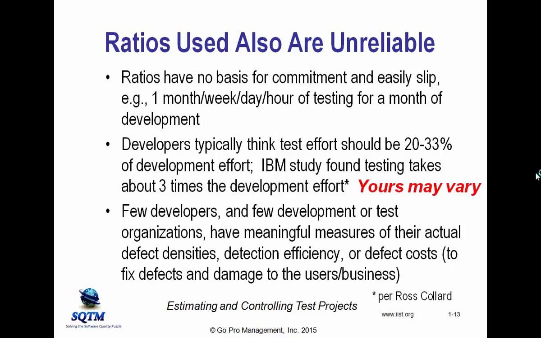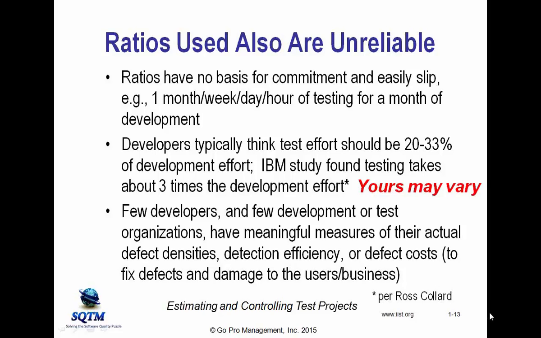So if you are basing your test estimate upon an estimate of development, and the estimate of development is garbage, which is usually the case, as the Chaos reports and others have tended to tell us for years, and your own experience probably as well, you don't have a prayer of coming up with a reliable or accurate test estimate based upon a nonsensical development estimate. Thanks for your question.